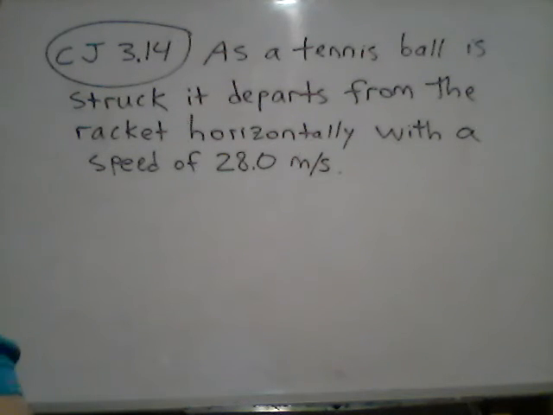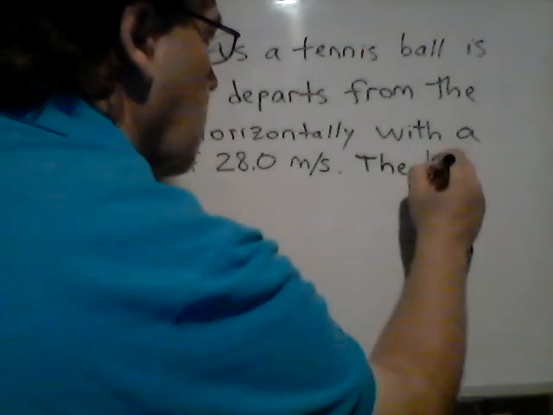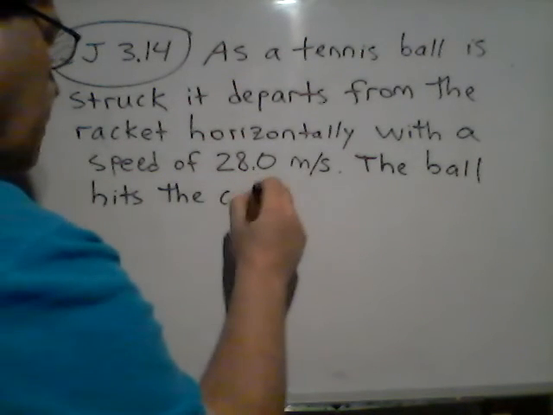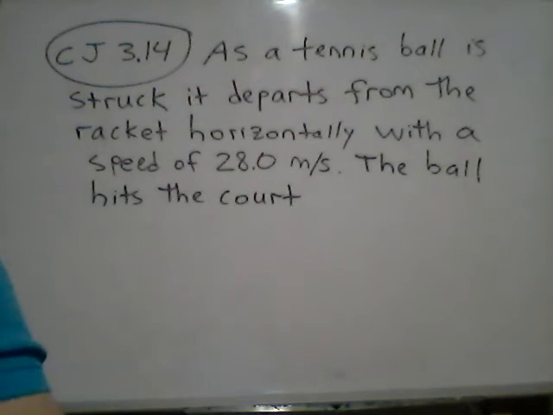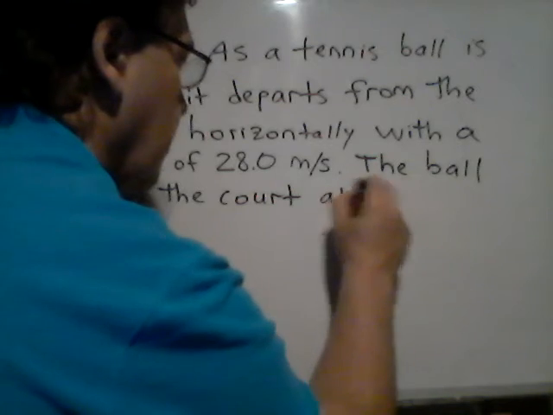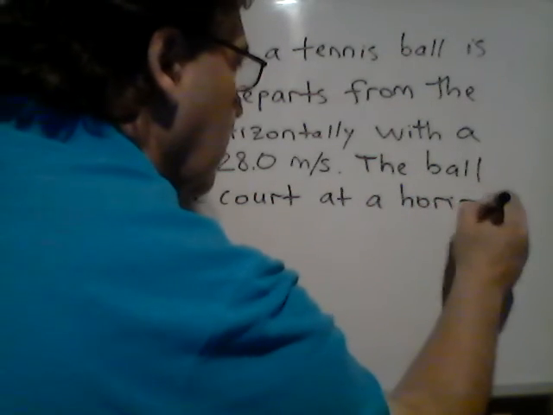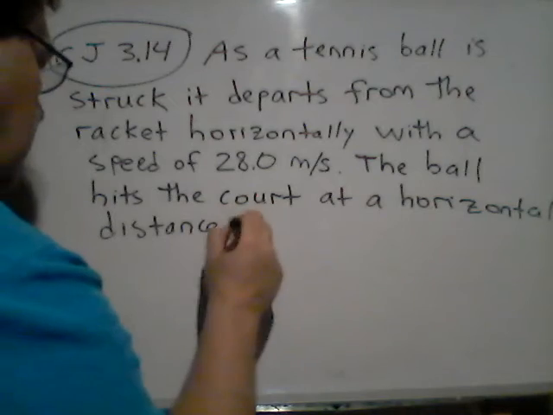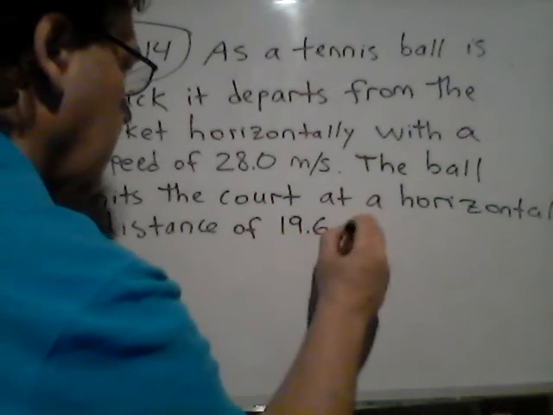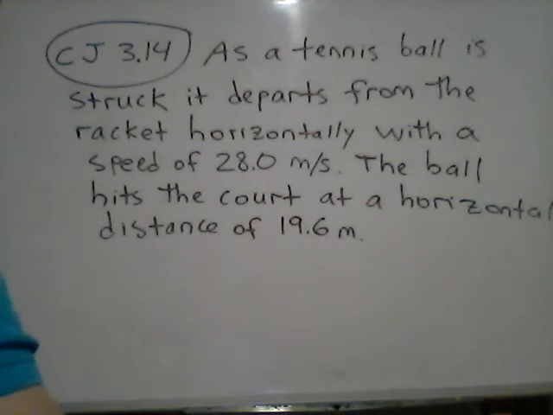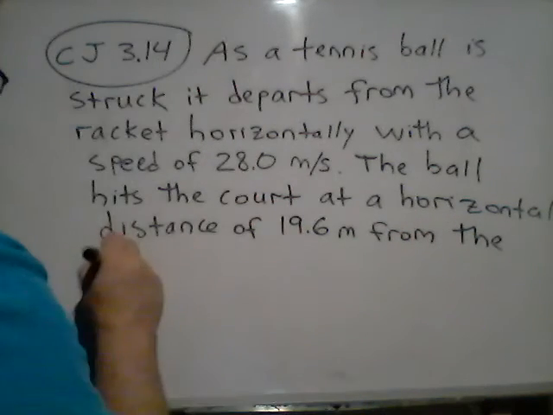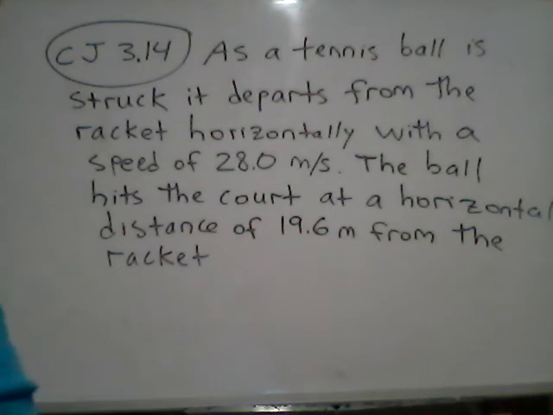The ball hits the court at a horizontal distance of 19.6 meters from the racket. How far above the court is the tennis ball when it leaves the racket?